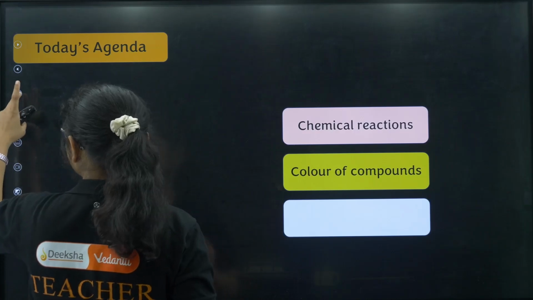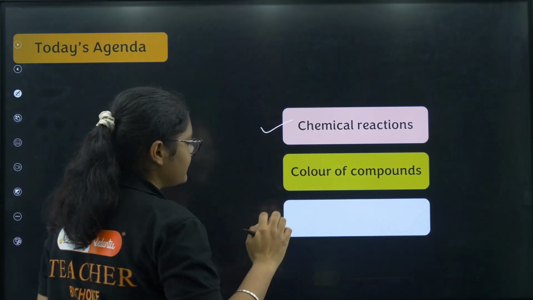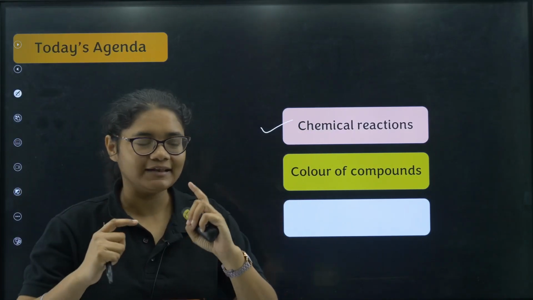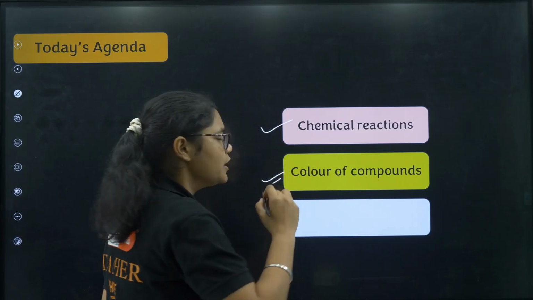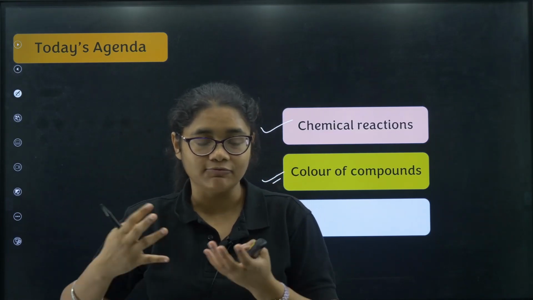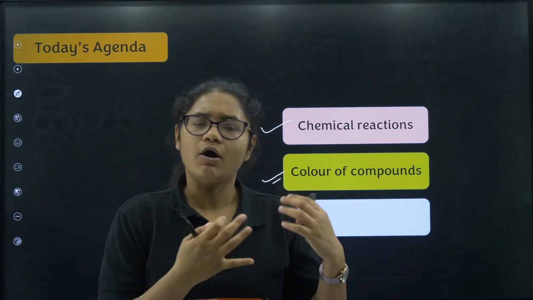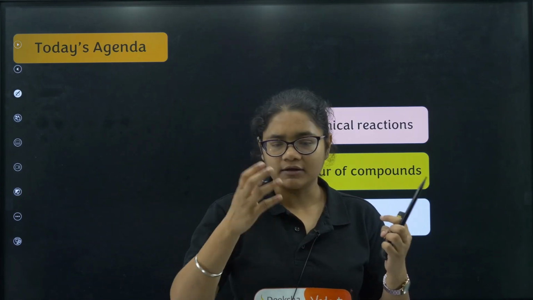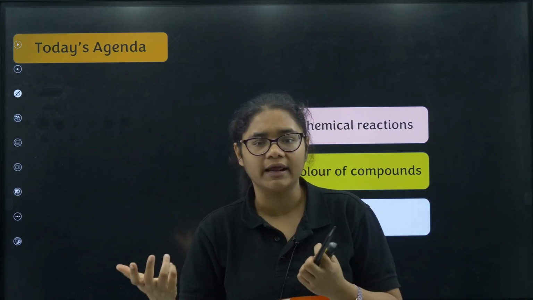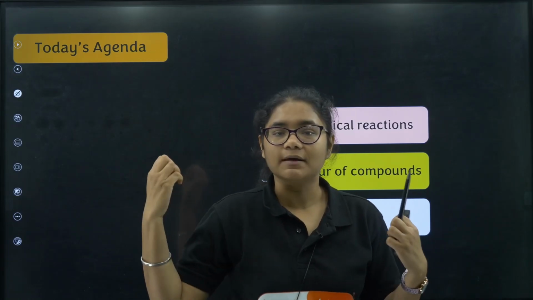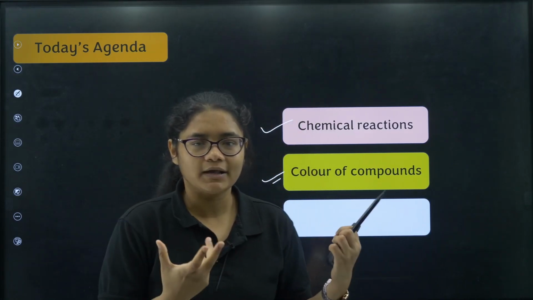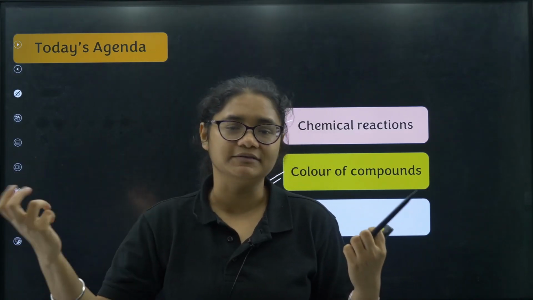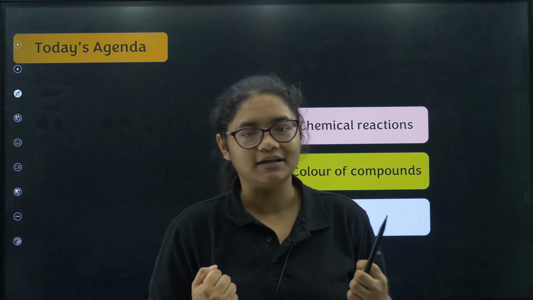Now apart from that, there is something bonus for you. The second thing is color of the compounds. You know, in so many 5 marker, 4 marker case based questions, or even your 2 marker, 3 marker, sometimes it is asked that a color changes from silver to grey, what is the compound? Or some black color precipitate is formed, white color precipitate is formed, yellow color precipitate is formed, brown color gases are evolved, right?